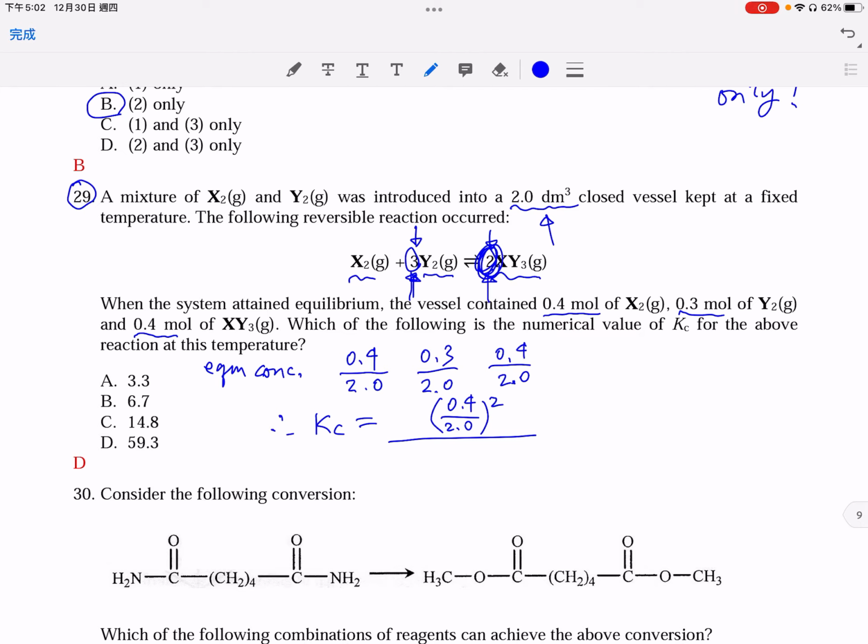And then for the reactant X2 and for the reactant Y2, be careful, the coefficient being 3. Therefore, after you put the concentration term here, you have to put it like this. So simplifying it, you get the answer, which is D.